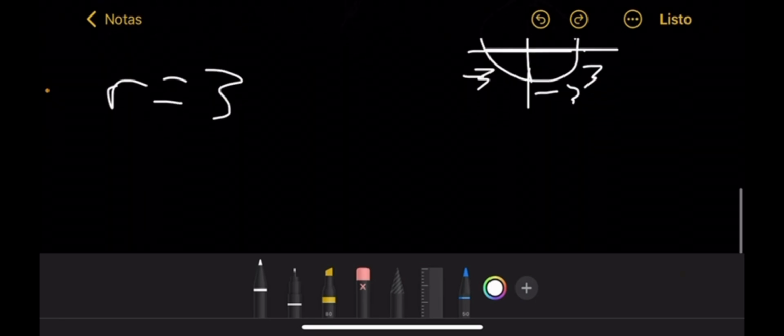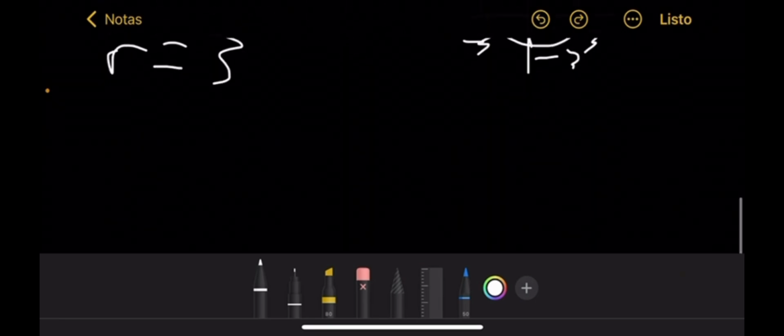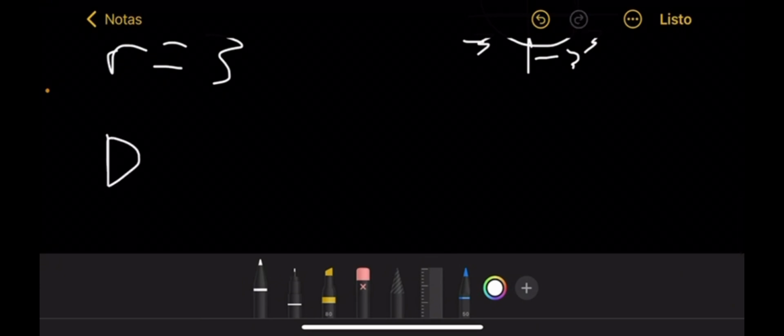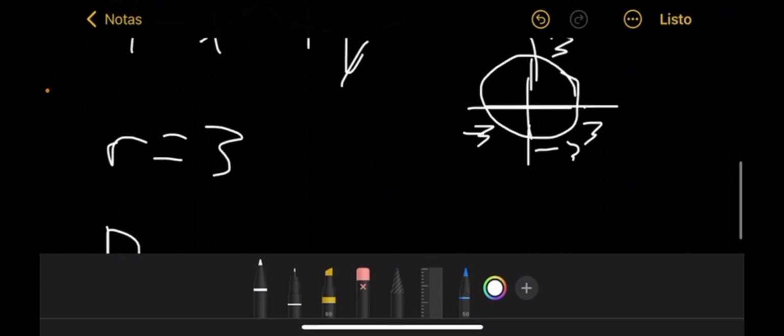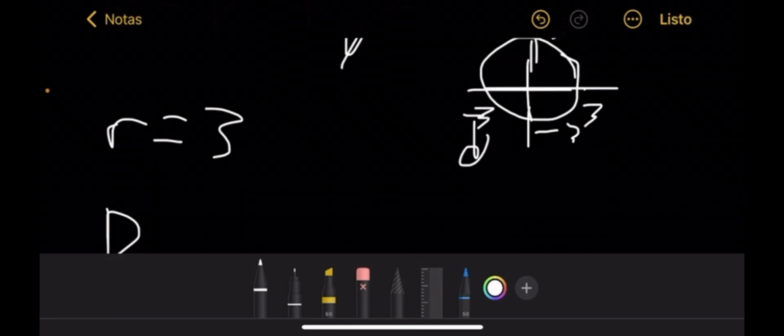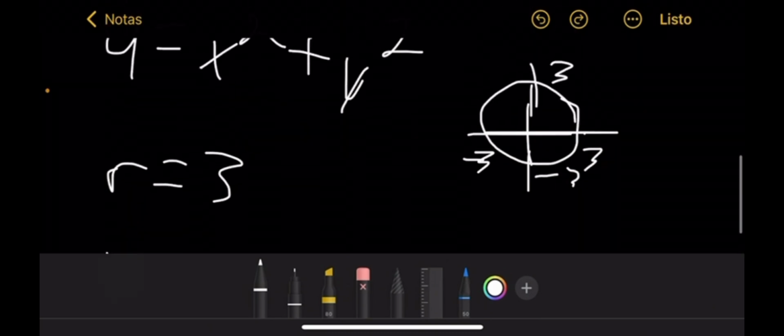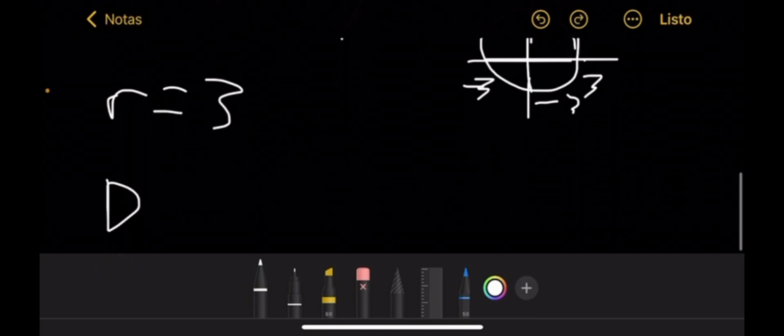We have to identify the domain when it goes between minus 3 and 3, minus 3 and 3.